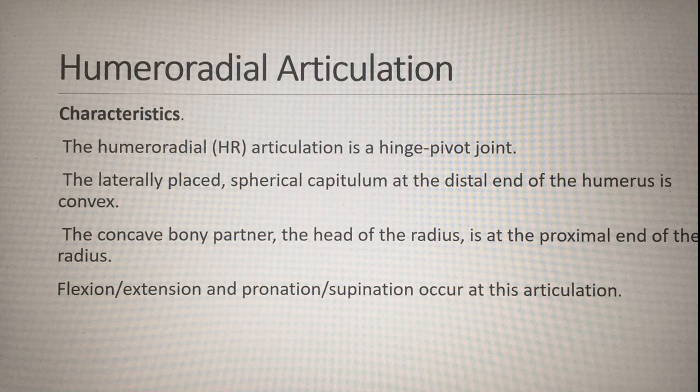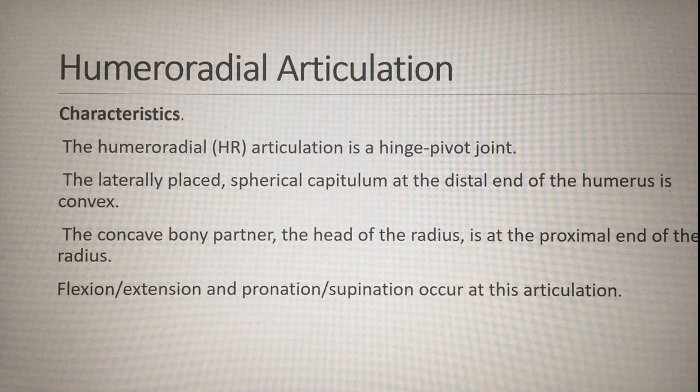The humero-ulnar articulation is a modified hinge joint, and the trochlea, which is medially placed at the distal end of the humerus, is convex. So the convex surface of the trochlea at the distal end of the humerus faces anteriorly and downward, 45 degrees downward from the shaft of the humerus.